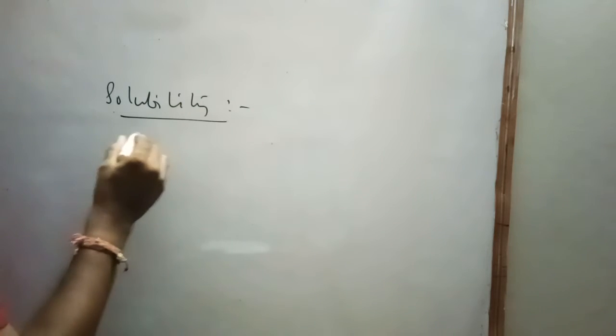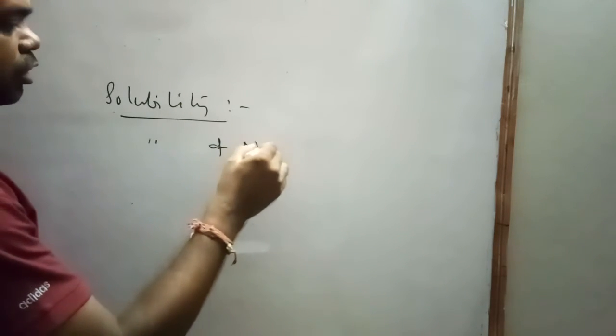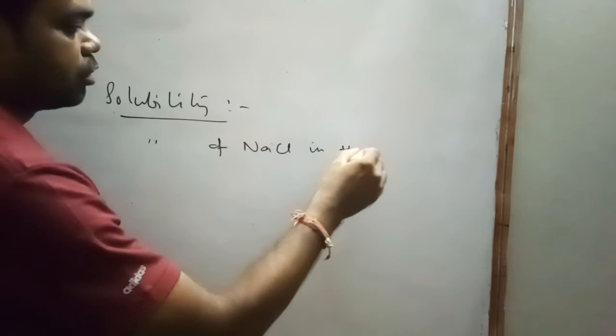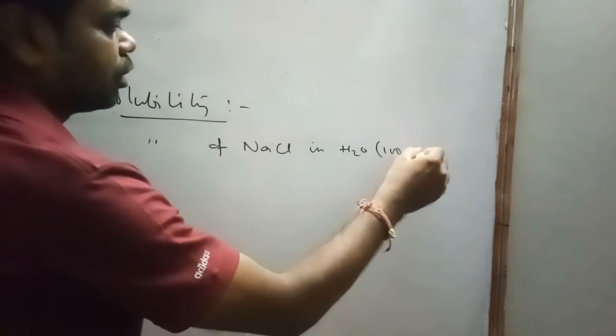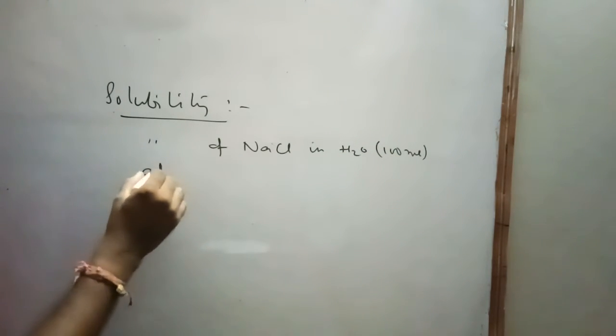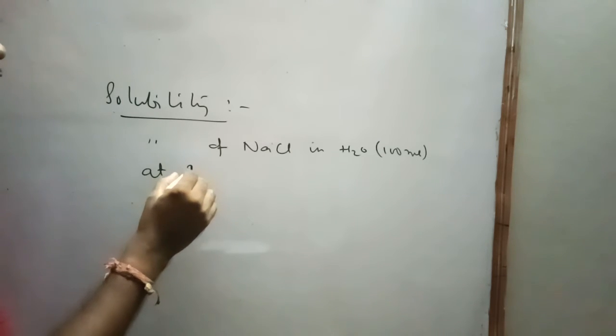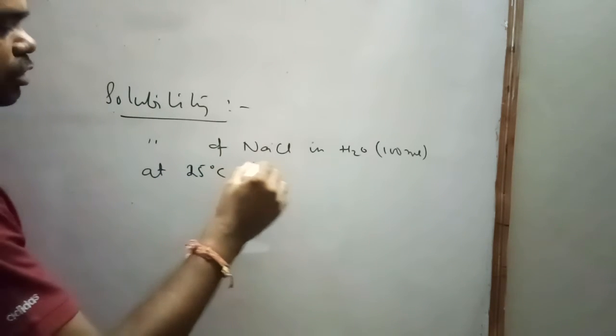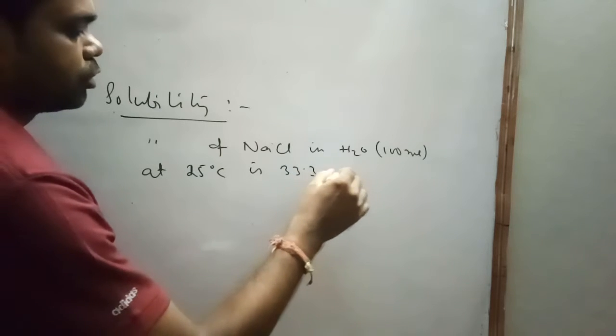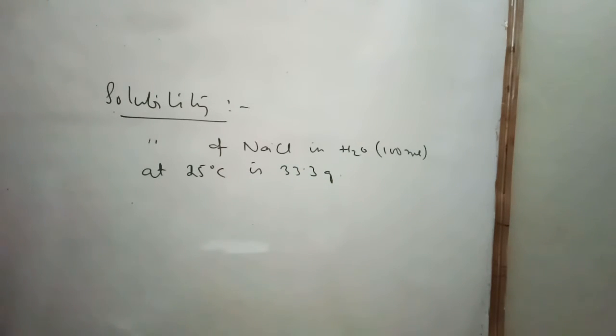For example, the solubility of common salt, NaCl, in water: if you take 100 ml of water at 25 degrees centigrade, it is 33.3 gram. The maximum 33.3 gram of common salt can be dissolved in 100 ml of water.